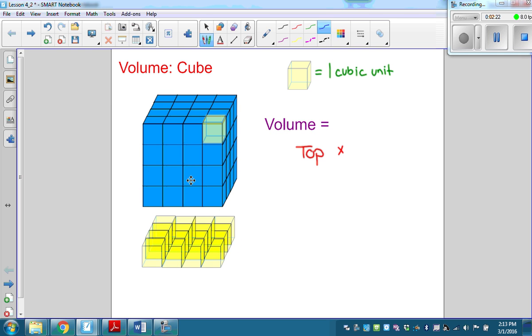So I know the top had 16 cubes, and then the height of the whole object is 4 units high. So altogether, I have 64 cubes that can fit in there. So we say the volume is 64 cubic units.